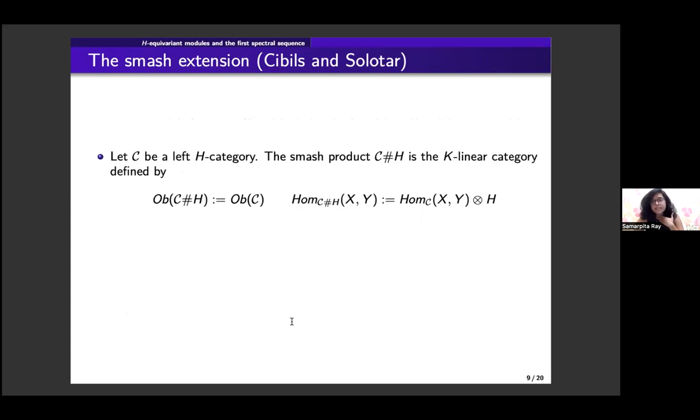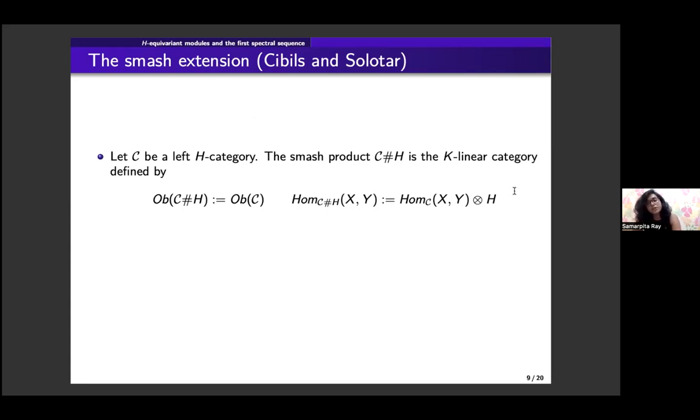By smash extension, I mean a k-linear category: if you have an H-category, the smash extension is a k-linear category where the objects are still the same, but the morphisms change.